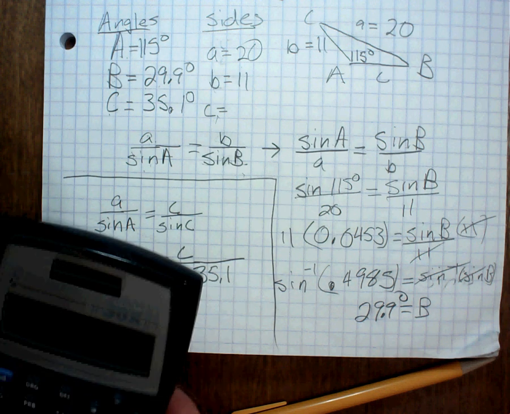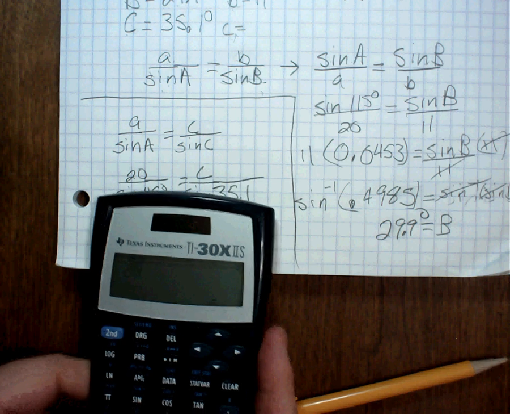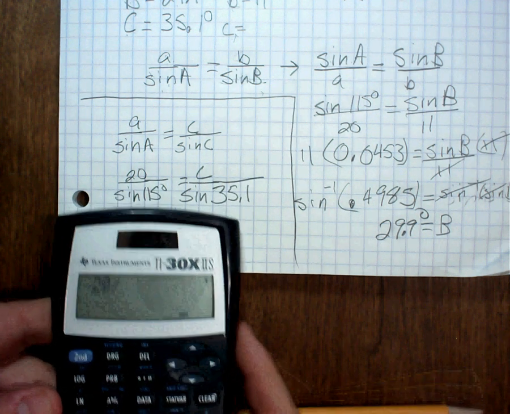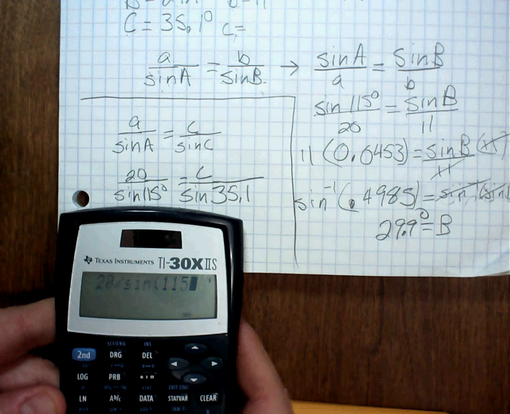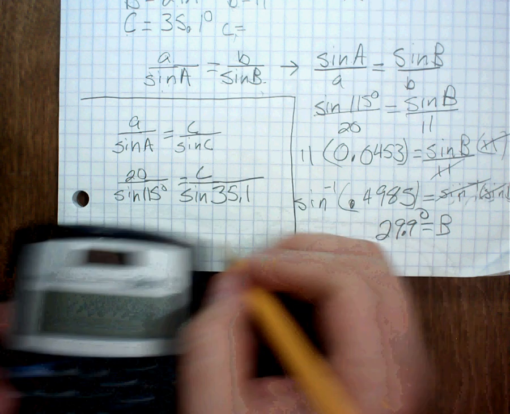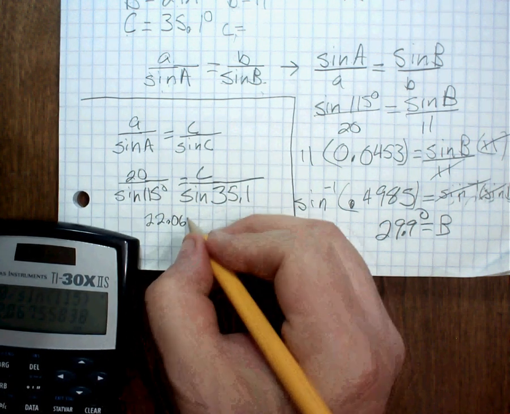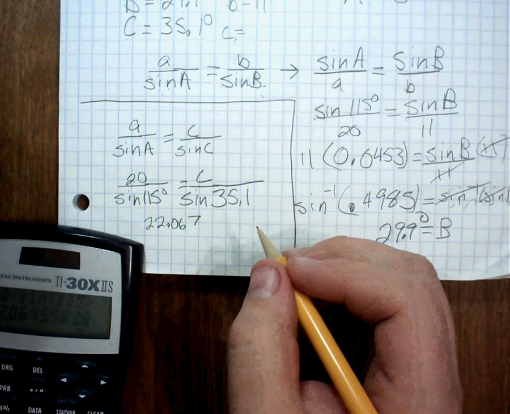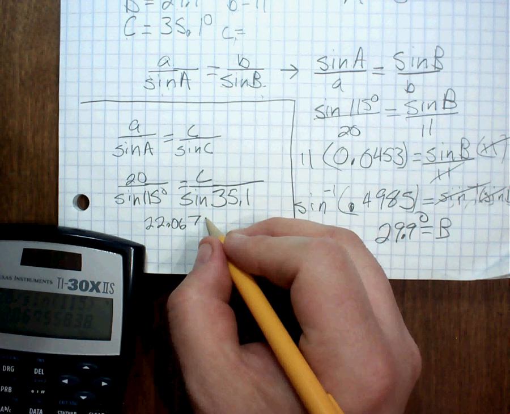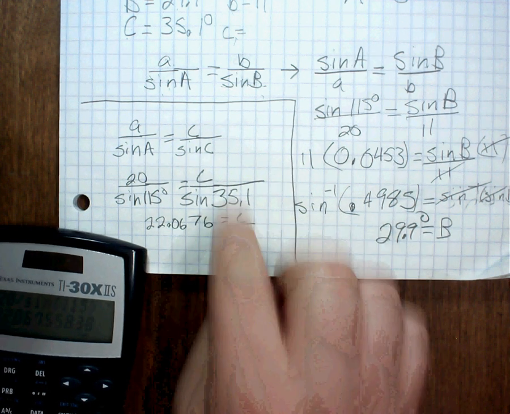So I'm going to say 20 divided by sine of 115. That'll give me a decimal, 22.0676 is equal to c over, now let's do sine of 35.